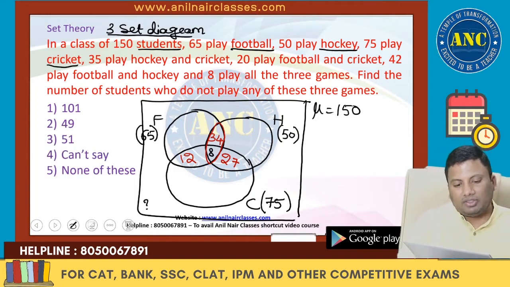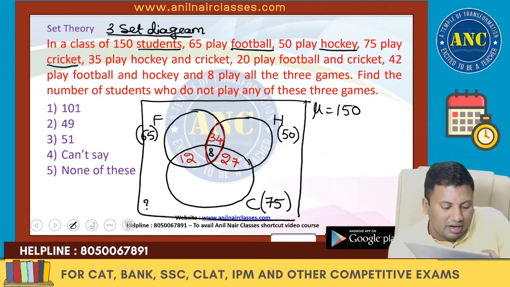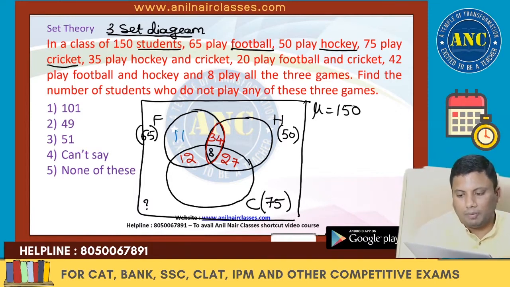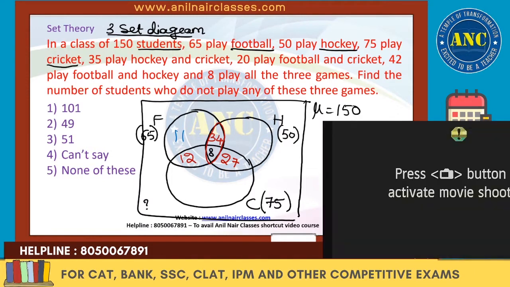Hockey and cricket is 35, that is 8 and 27. Football and cricket is 20. So for football it is 65. Now 50 play hockey; hockey and cricket is 35. 12 plus 20 is 34 plus 8, 42. 42 plus 21 is 68.